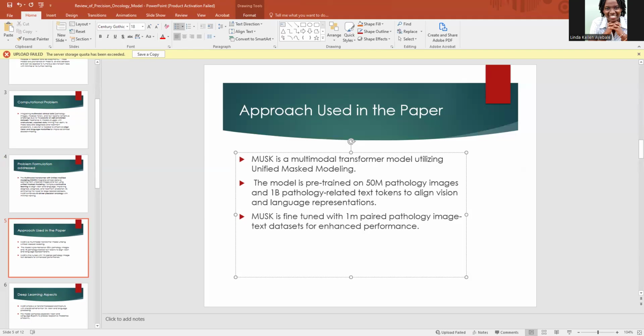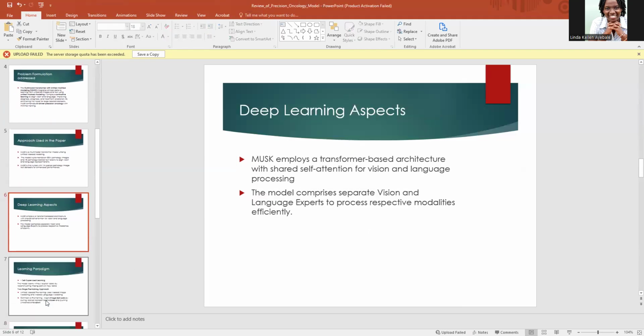Then it was fine-tuned with 1 million paired pathology image-text datasets for enhanced performance. It employs a transformer-based architecture with shared self-attention for vision and language processing, and it comprises separate vision and language experts who process the respective modalities efficiently.